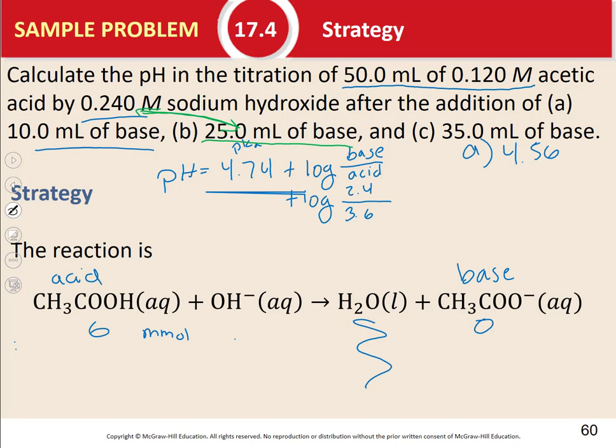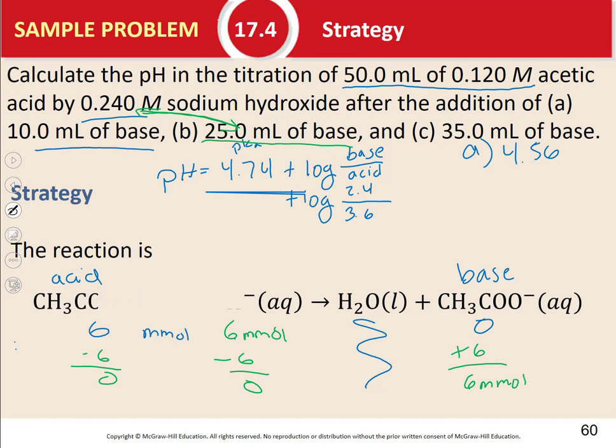So 0.24 times 25 gives us what? 6. Hey, look at that. Are we at the equivalence point? Yes, which means these both are going to go down to 0, and we're going to be left with 6 millimoles of the acetate ion.